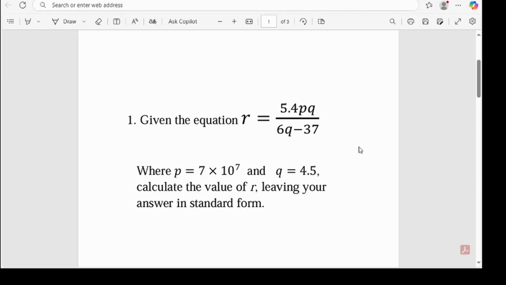So R equals 5.4pq divided by 6q minus 37, where p equals 7 times 10 exponent 7 and q equals 4.5. Calculate the value of R, leaving your answer in standard form.